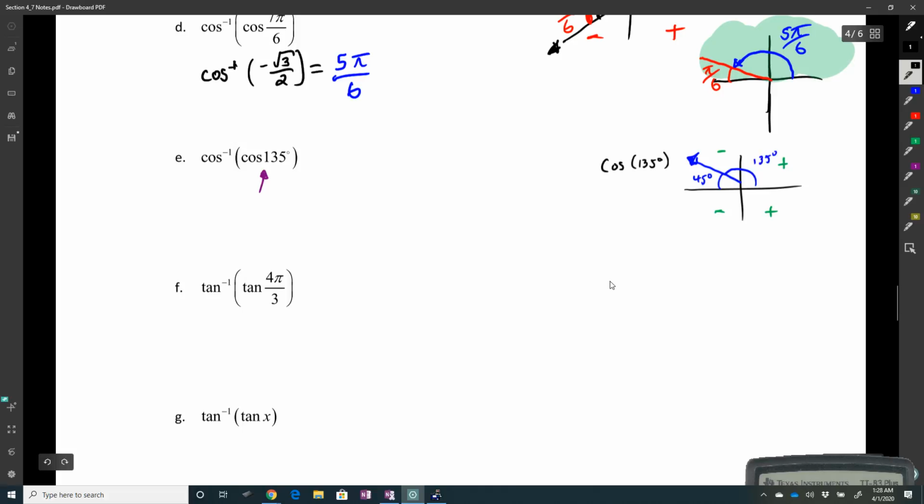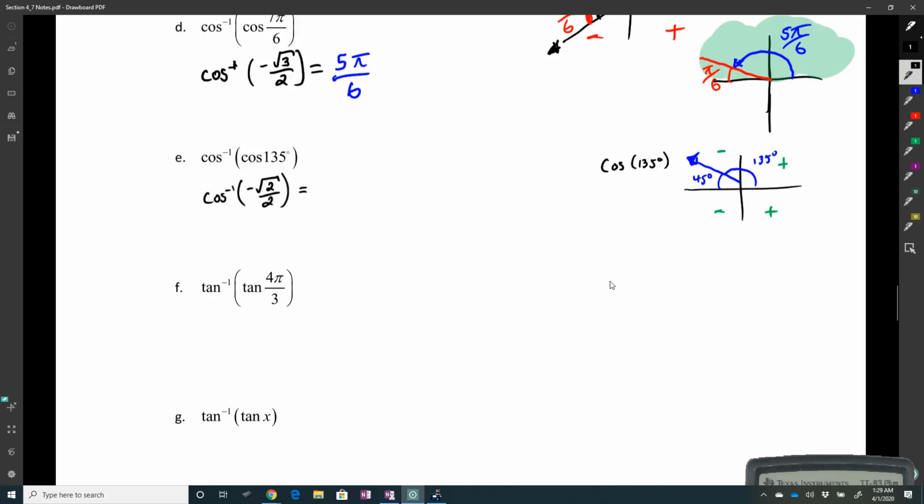So this is going to be a negative answer. So we end up with inverse cosine of cosine of 45 is square root of 2 over 2. So negative square root of 2 over 2. All right? So that's the first part.